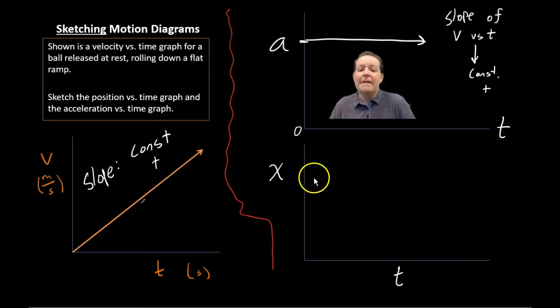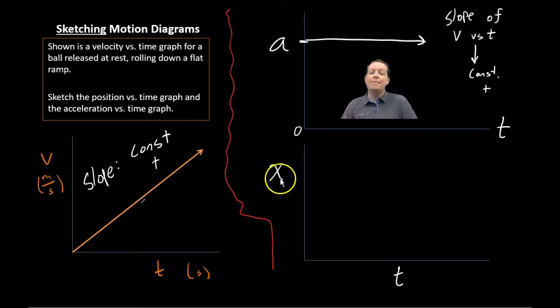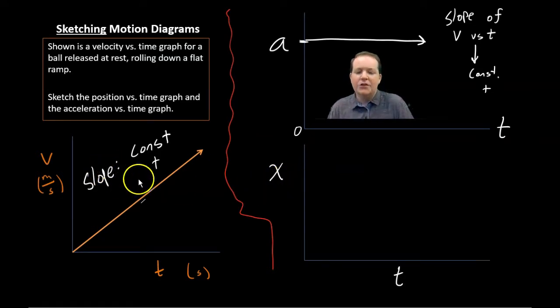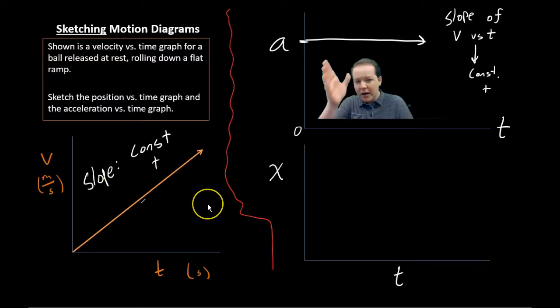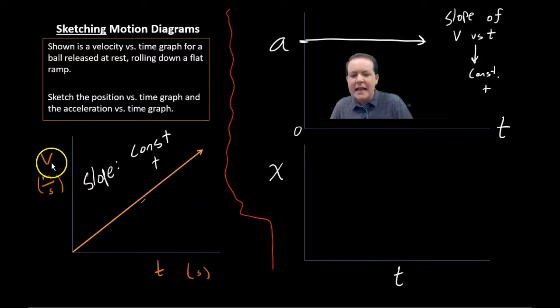Now, the slope of the position graph is the velocity. So now, oh my gosh, okay, I kind of want to go the other way. Here, the value of the velocity is getting more and more.